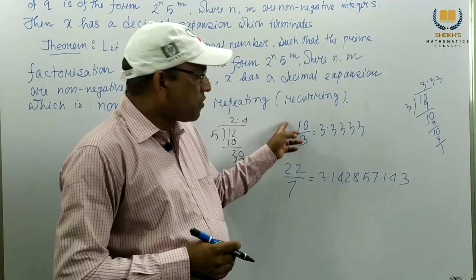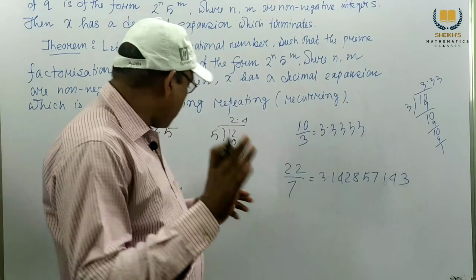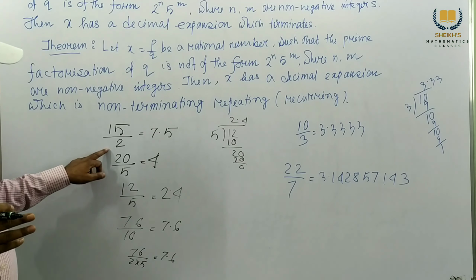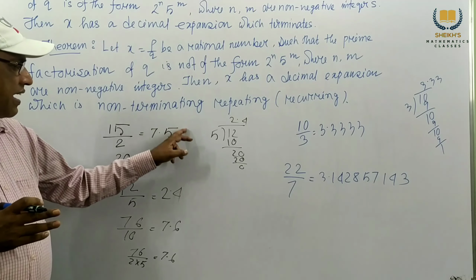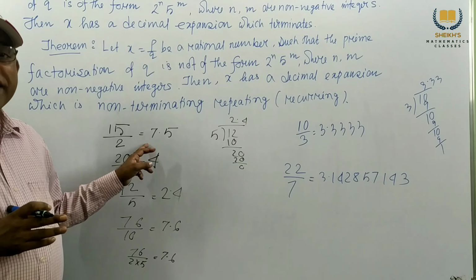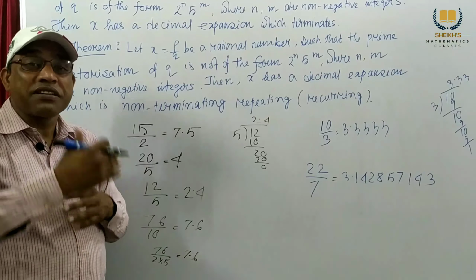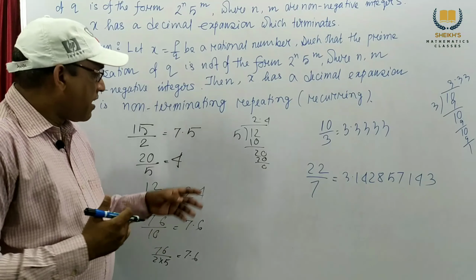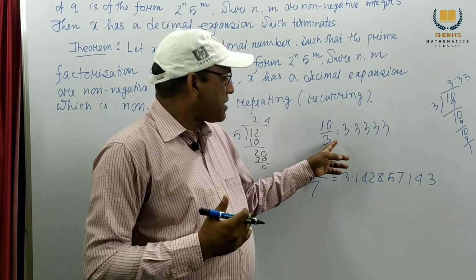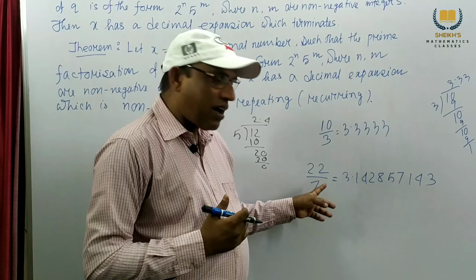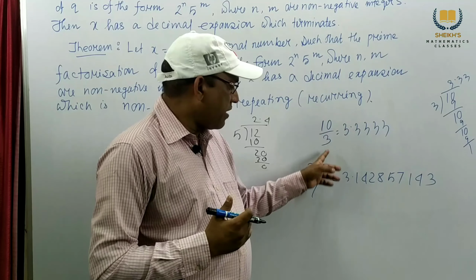So is this clear? You just have to remember, if the denominator is either 2 or 5, then we get ending digits, it terminates, terminates means ending. And if the denominator is neither 2 nor 5, then we get this result, this is non-terminating.